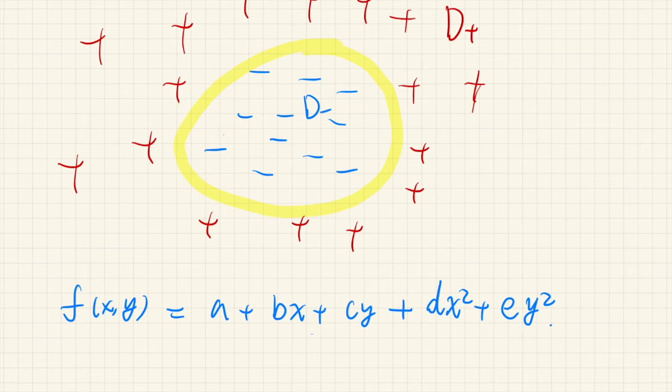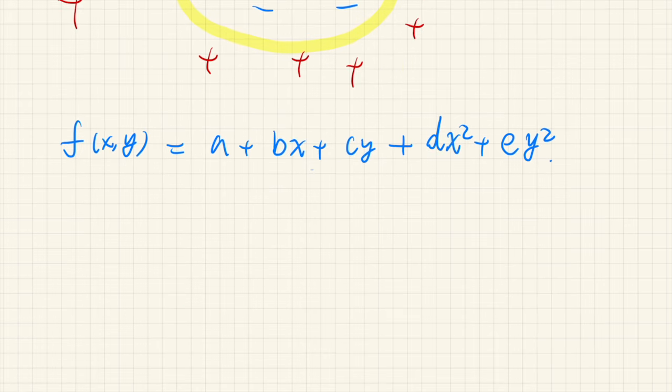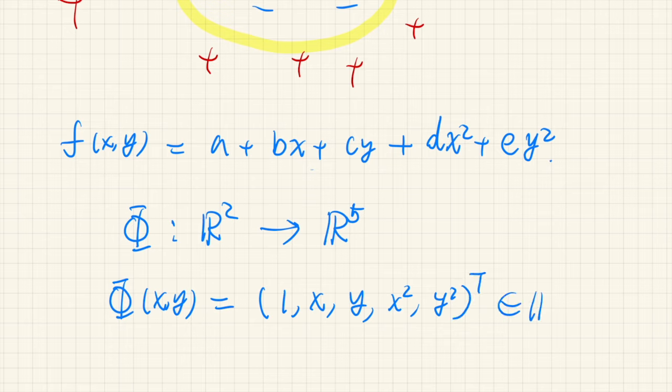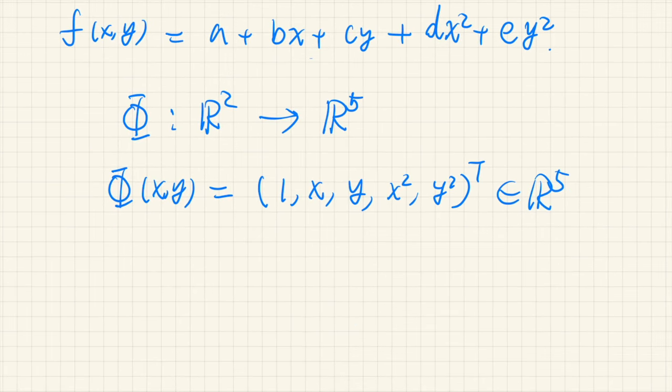Now let's see how the kernel method fits into this problem. First, consider a function which we call the feature function from the two-dimensional plane to a five-dimensional space, which is defined as follows: point x, y is transformed into the vector 1, x, y, x squared, y squared, which is in the five-dimensional space. And then we define a kernel function, k.